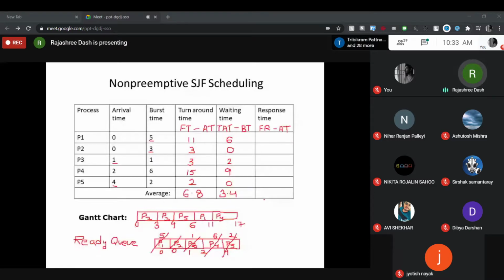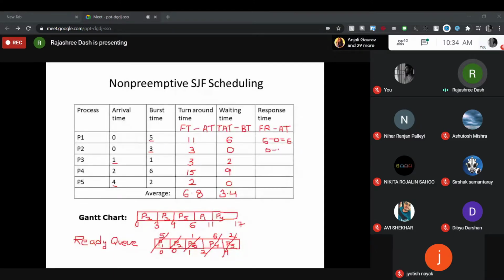Now let's check the response time. What is the response time for P1? It is 6 minus 0, since arrival time is 0. That is 6. Now for P2, 0 minus 0, so that is 0.